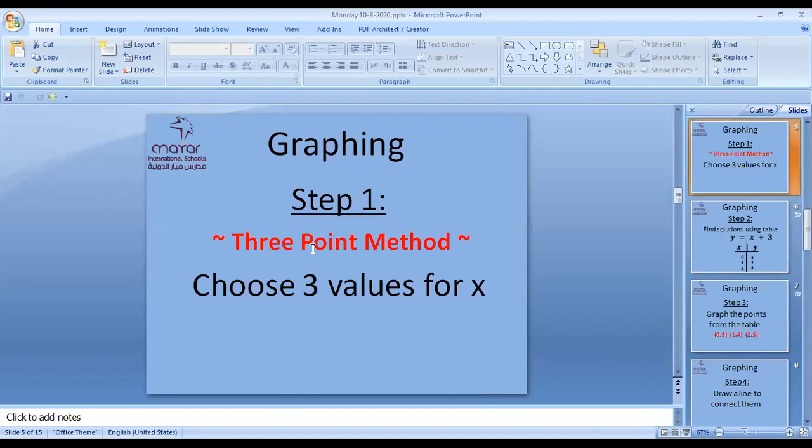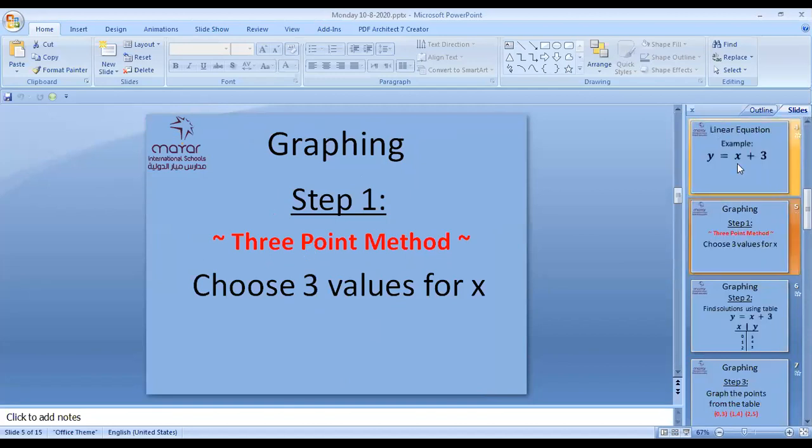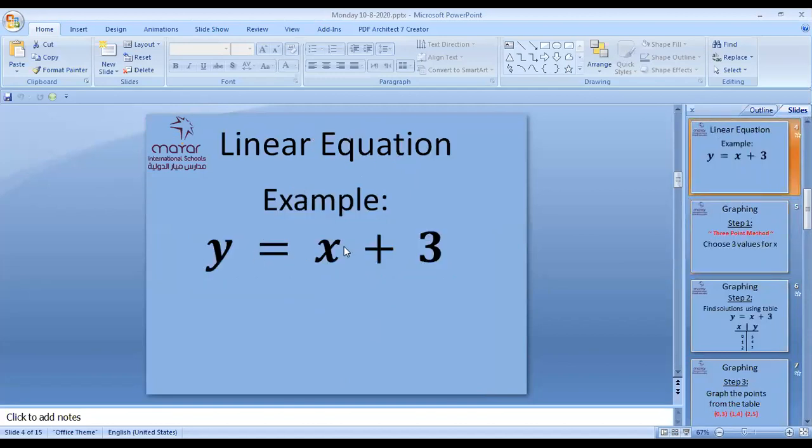If we want to graph any equation like y equals x minus 3, you can use the same idea that we just discussed, making a table with points and substituting your points, then plot them on the coordinate grid and in the end match them. That is exactly what we are going to talk about today.